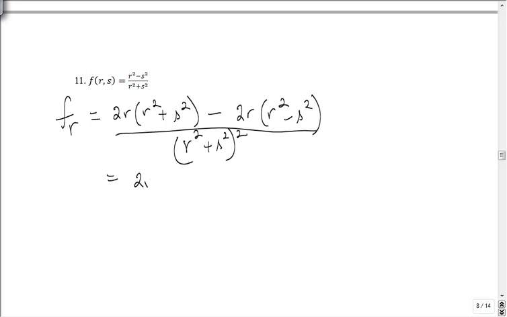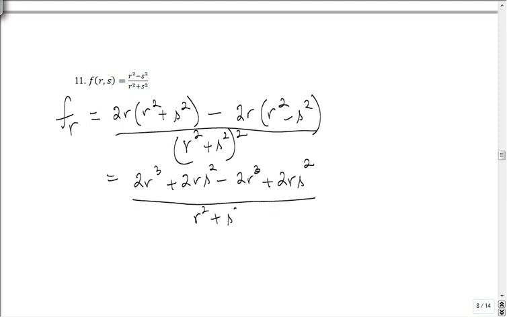Simplify. 2r cubed plus 2rs squared minus 2r cubed plus 2rs squared, all over r squared plus s squared, squared. So we get here 4rs squared over r squared plus s squared, squared.